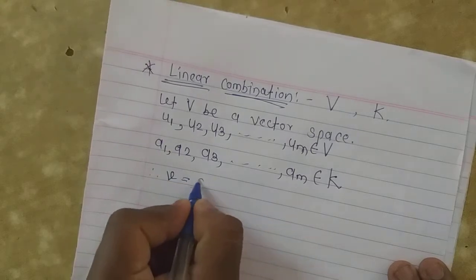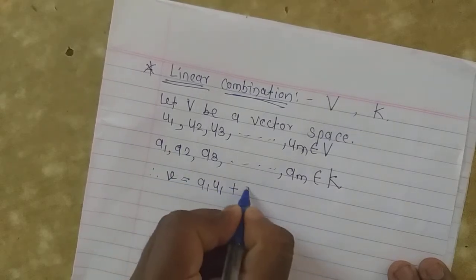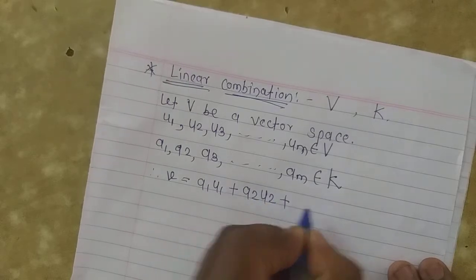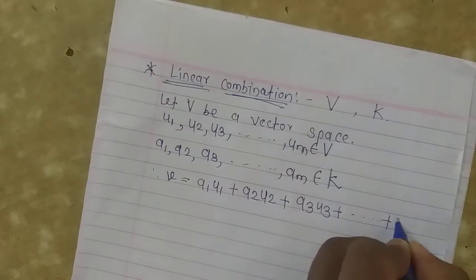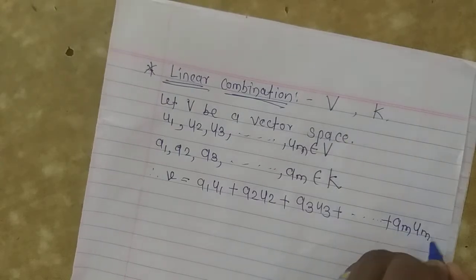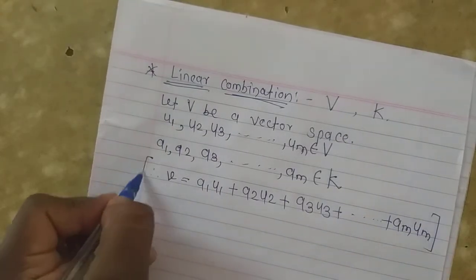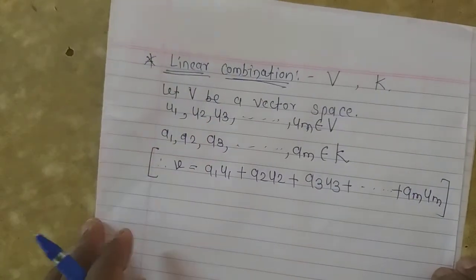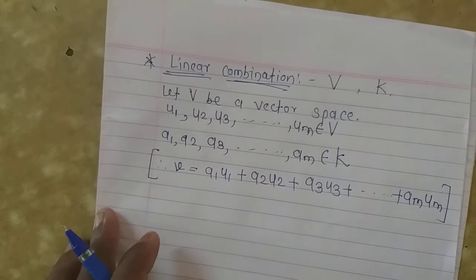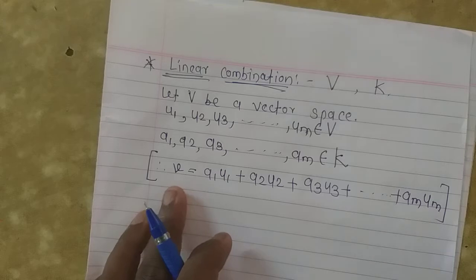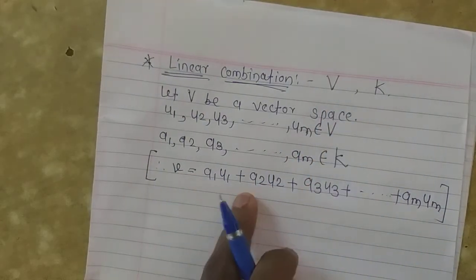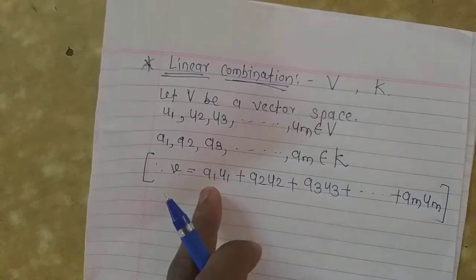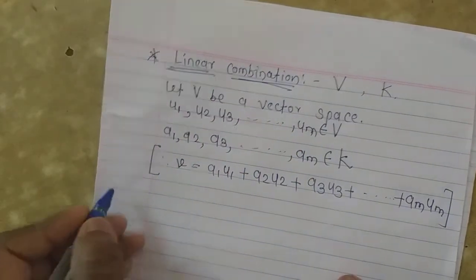Small v is equal to a1 u1 plus a2 u2 plus a3 u3 plus up to am um. This is the linear combination. This is the definition of linear combination: the vector v that belongs to capital V is the linear combination of those scalars and those vectors.